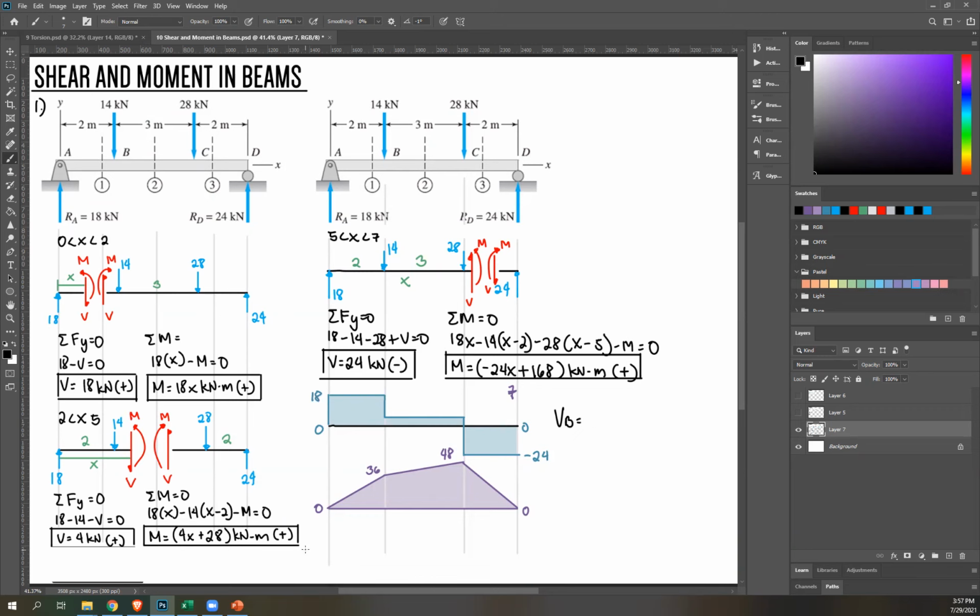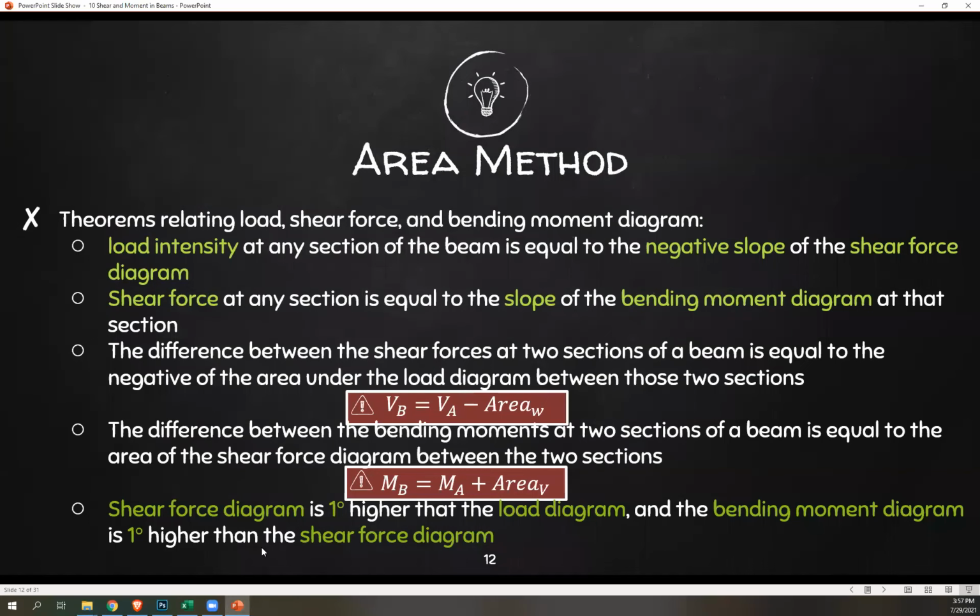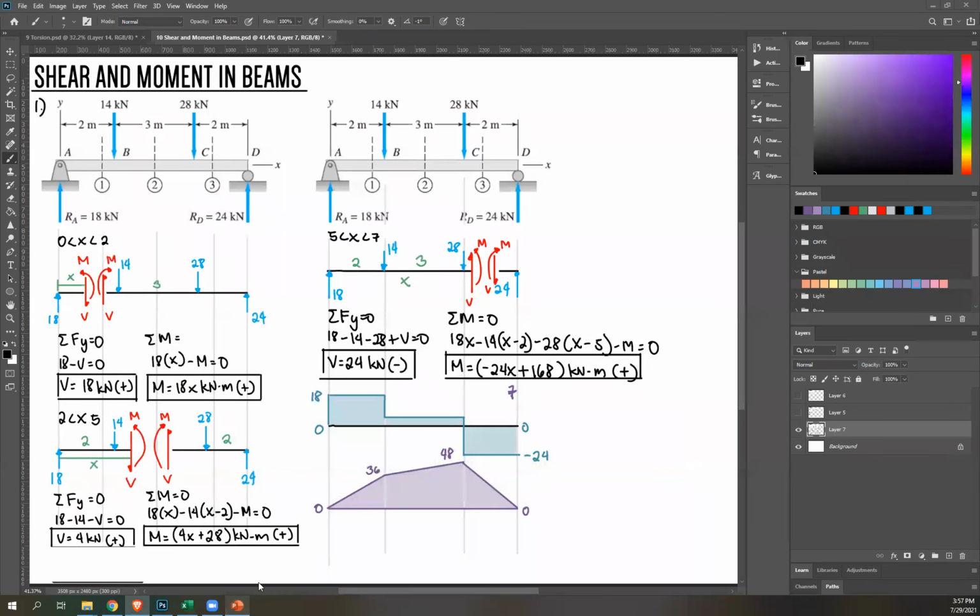And that's why this is called the area moment method or area method, because we're dealing with the area of your diagram. And then, in the same way, the difference between the bending moments at two sections of a beam is equal to the area of the shear force diagram between the two sections. Once again, let's try. Let's do this MB and MA.